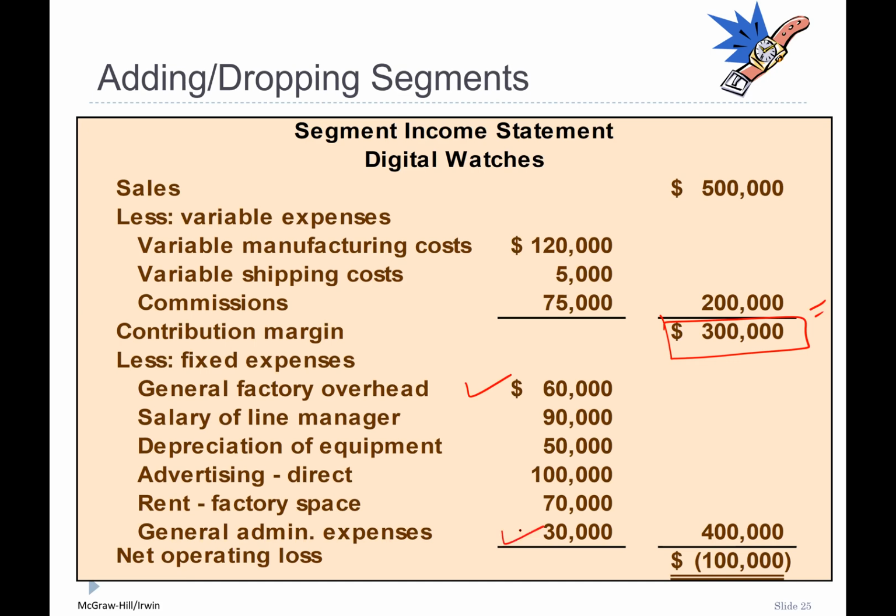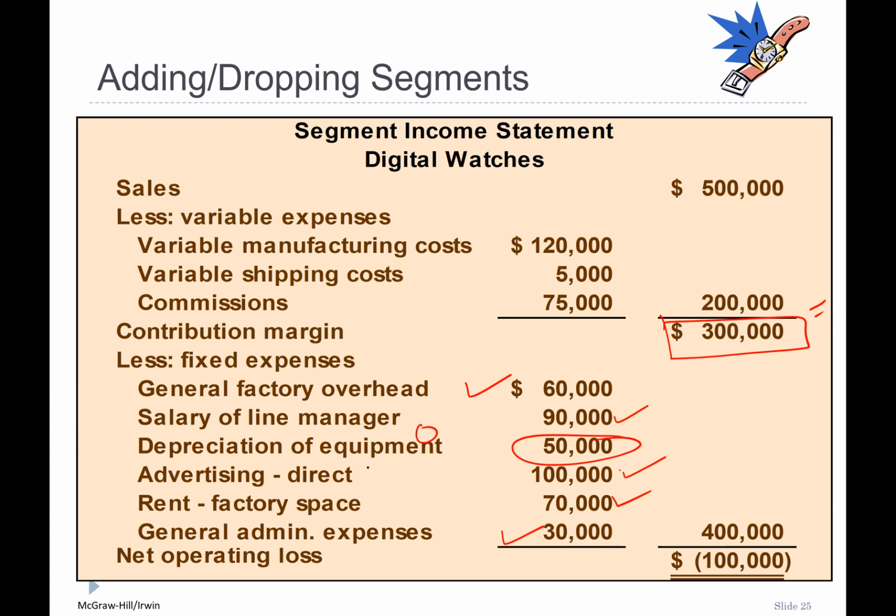Only you will be saving the salary of the line manager, the advertisement, and rent of the factory. Depreciation is going to be 0 because you are going to avoid that one. That's it.